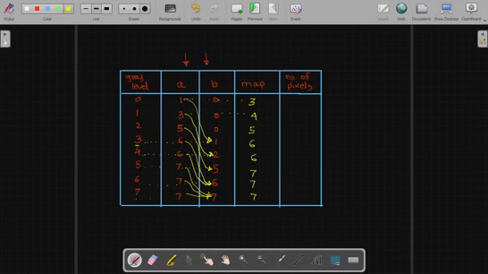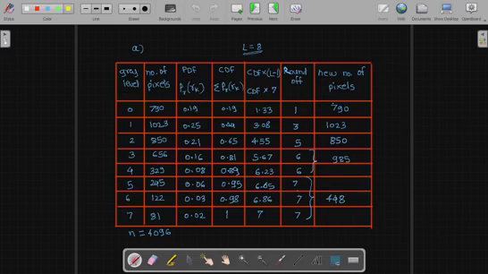And what we have to do, from this table 1, gray level 1 is having 790 pixels.